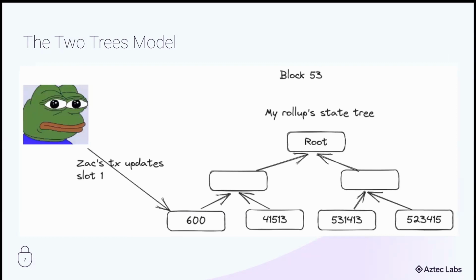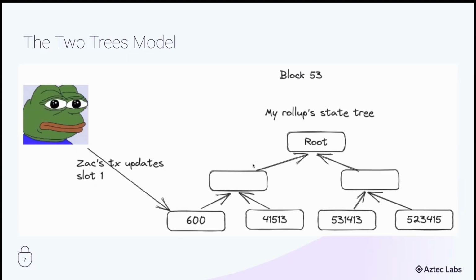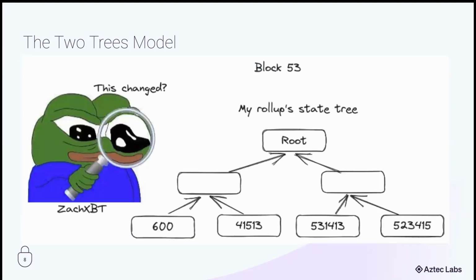Eventually, Zach figures out that, hey, he wants to use some of the funds that he deposited somewhere or change some value. If he's doing this transfer on the same storage slot, you could see that this value was 300 before, so it's 600 now. He's updating the value, and we can now see that, hey, someone changed this value.